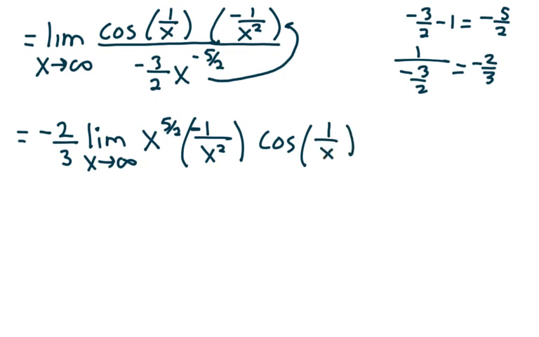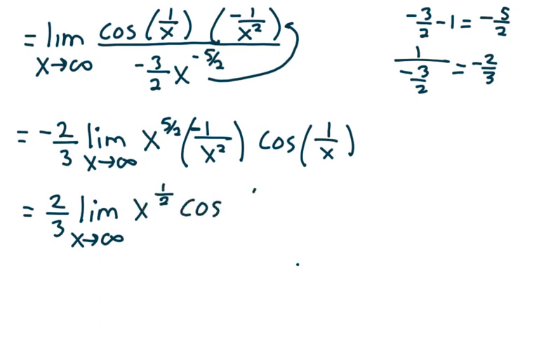Just like this. Now remember, a negative times a negative is a positive. So this is 2/3 the limit as x goes to infinity. And that's, now 5 halves minus 2 is a half. So this is x to the half cosine of 1 over x.